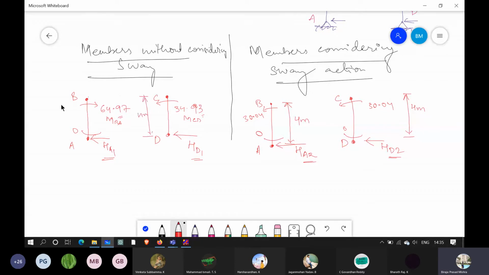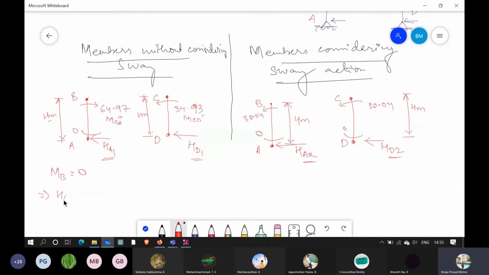If we take the moment about B, equating MB equals 0, we have HA1 into 4 plus 64.97 equals 0.